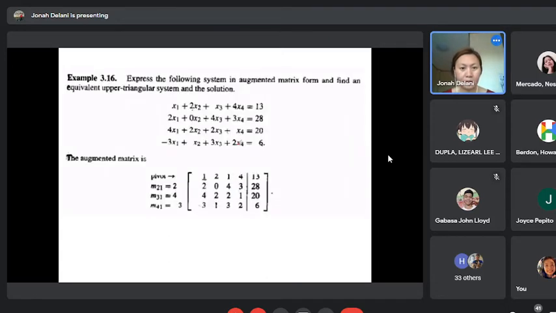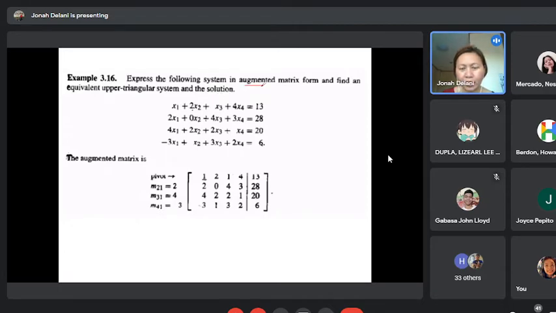So let's look at an example to represent Gaussian elimination and pivoting. To express the following in augmented matrix form and find an equivalent upper triangular system and the solution.